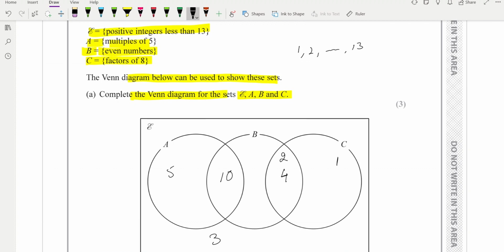And 5 is already written. 6 is an even number which is not a factor of 8 and not a multiple of 5, so 6 will be in B only.